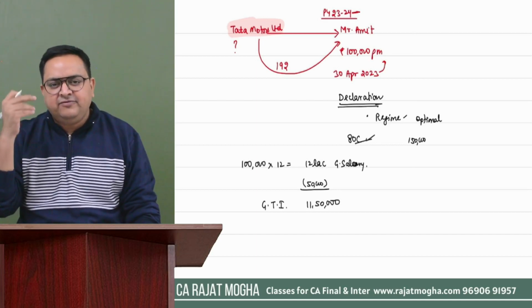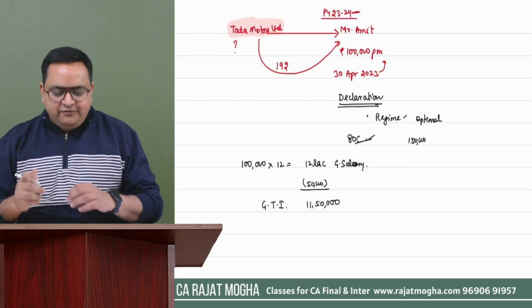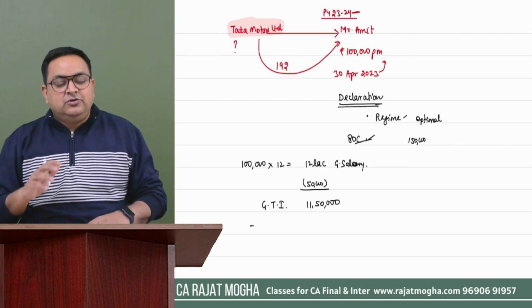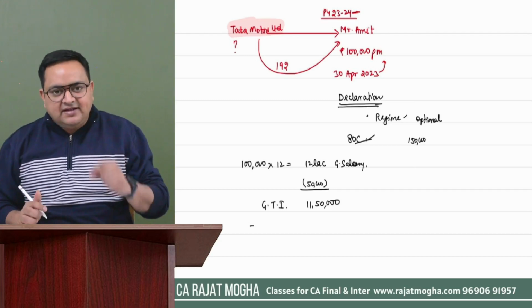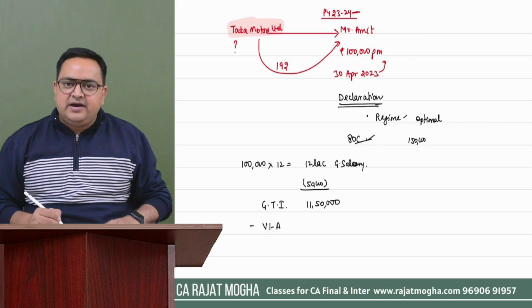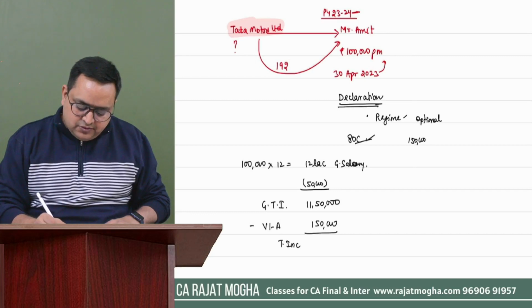Salary 11.5, no other income, so GTI would be 11.5 lakh. Because this person has given us a declaration, although very temporary, we will still consider it. So we will consider that he will get a Chapter 6A reduction of 1,50,000 rupees. So his total income comes to 10 lakh, right?